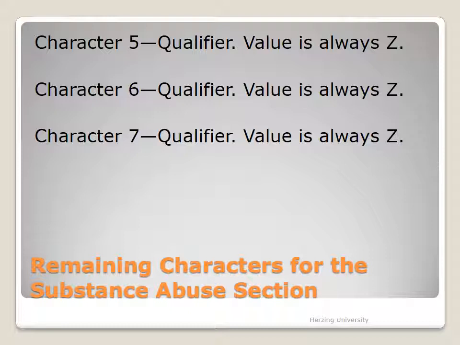Characters 5, 6, and 7 are qualifiers in the substance abuse treatment section and have a value of Z, none. The Z must be used as the placeholder because all codes are reported with 7 characters.